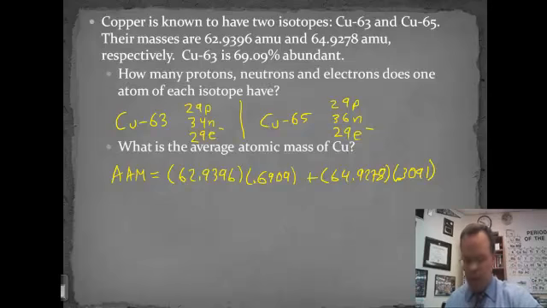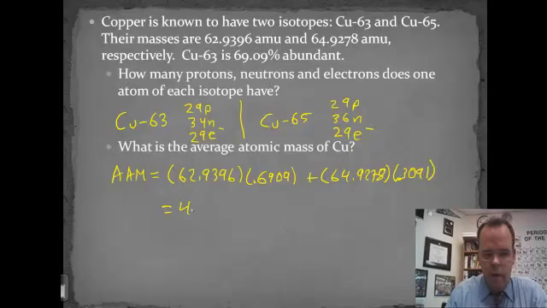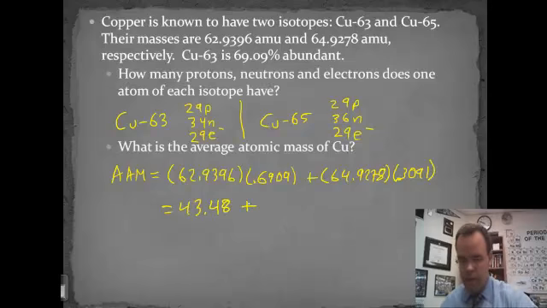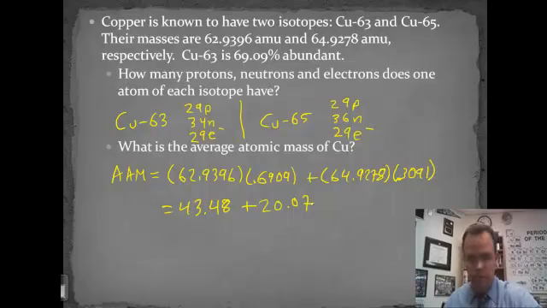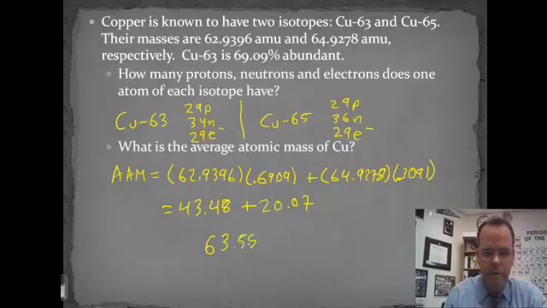So do the multiplication and round to the correct significant digits. For this first one, I get 43.48. The second one, I get 20.07. Add those together, I get 63.55 AMU.